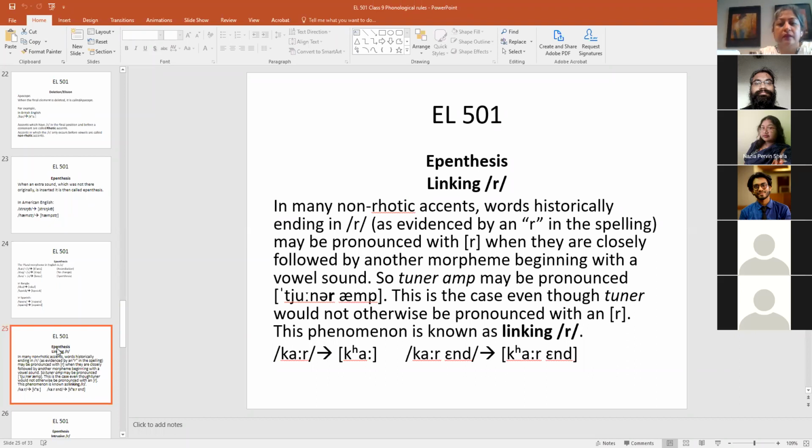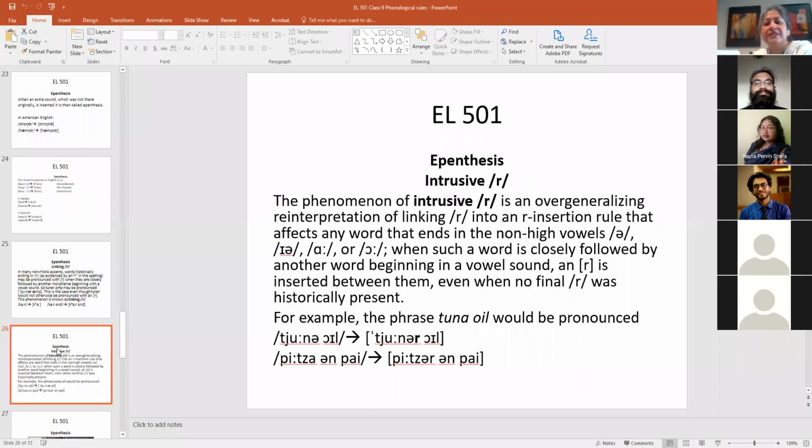Okay. Now comes epenthesis, the intrusive R. So we have to understand the linking R. In the linking R, the R is already there in the spelling. They just don't pronounce it. They only pronounce it if they find another vowel coming after it.